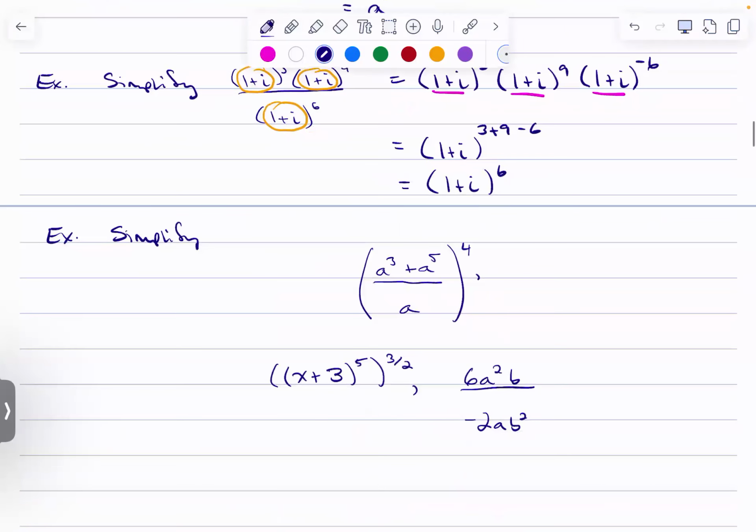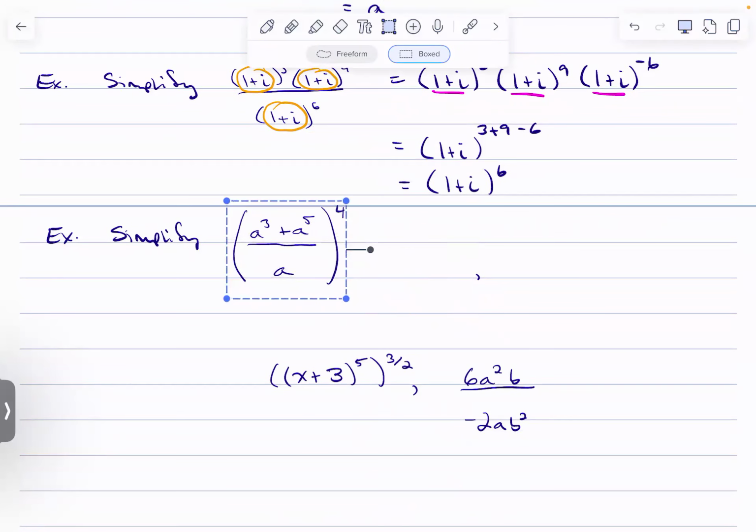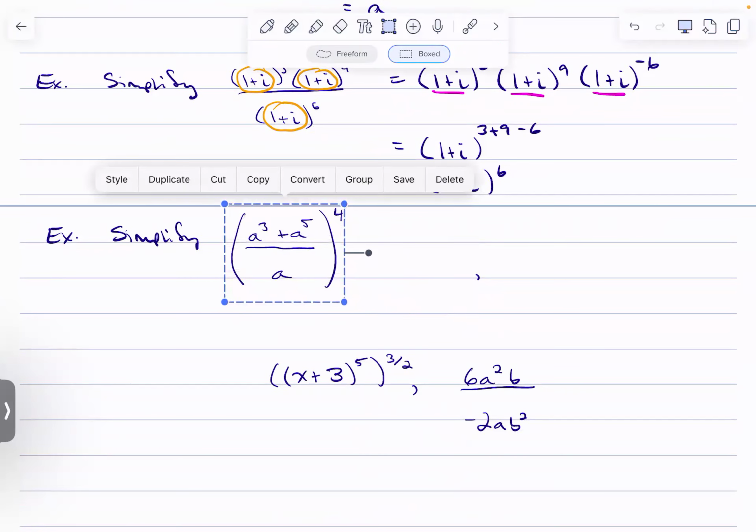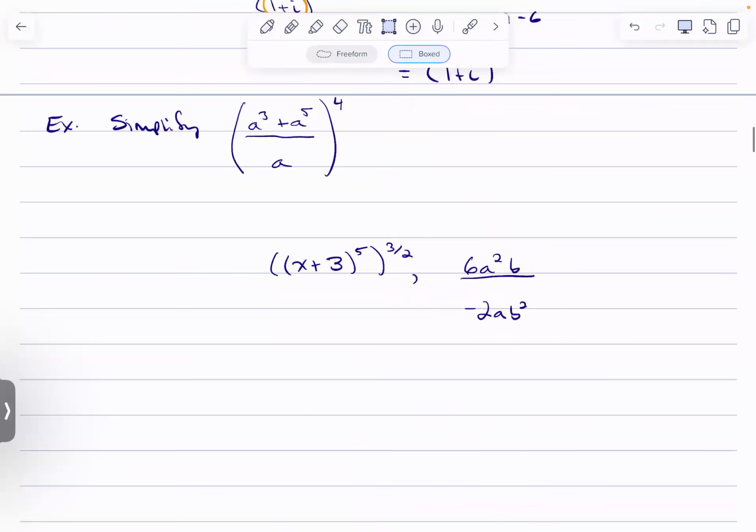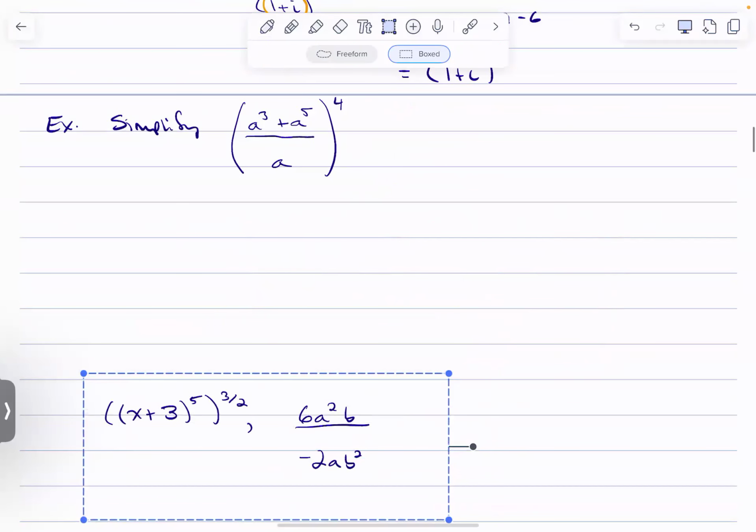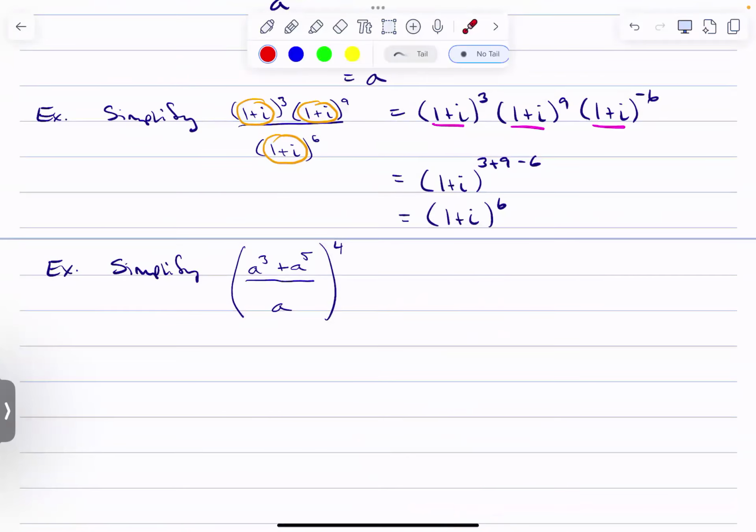You have to simplify maybe something like this. Move these guys down. a to the 3, and now we have plus a to the 5 divided by a. Okay?